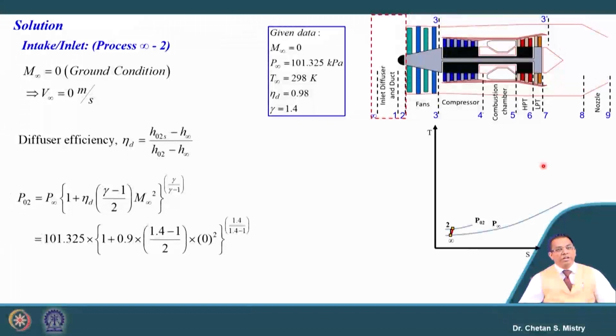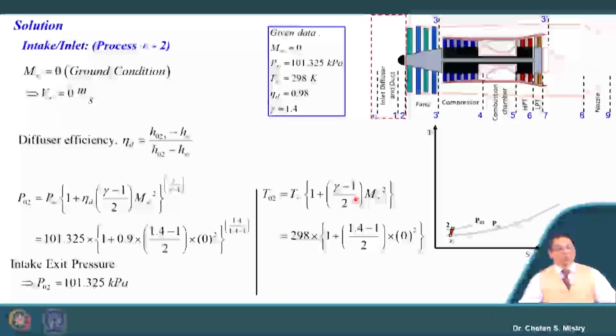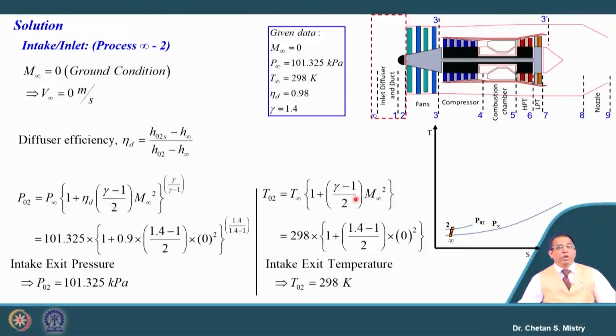Since my Mach number is 0, my exit pressure will be the same as my entry pressure, 101.325 kilopascal. Similarly, we can calculate the temperature. Here also, since my M infinity value is 0, the exit temperature is 298 Kelvin. So, these two pieces of information are available with us.